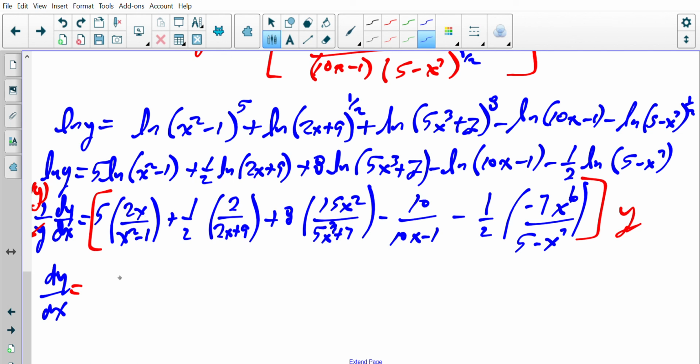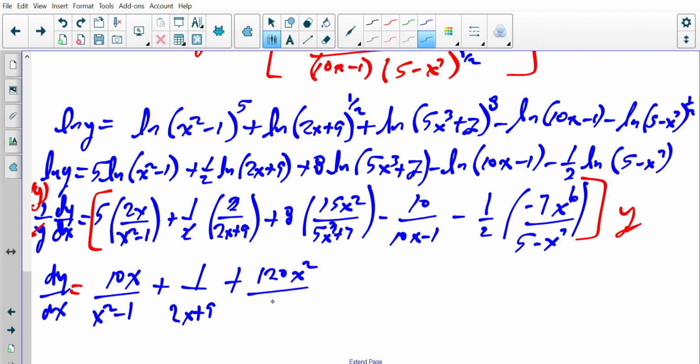So 5 times 2, I could say that this is 10x over x squared minus 1. This 2 will get rid of this 2, and it's 1 over 2x plus 9. 15 times 8 is 120x squared over 5x cubed plus 7.